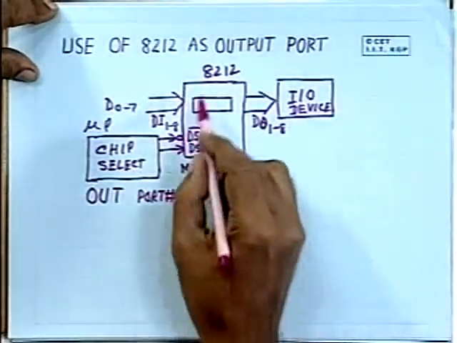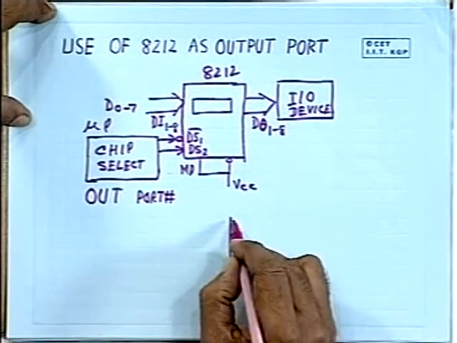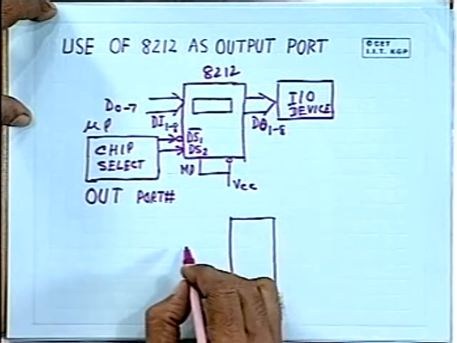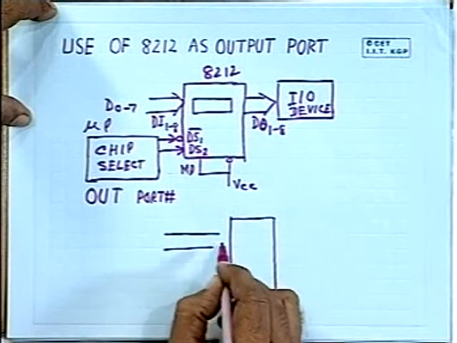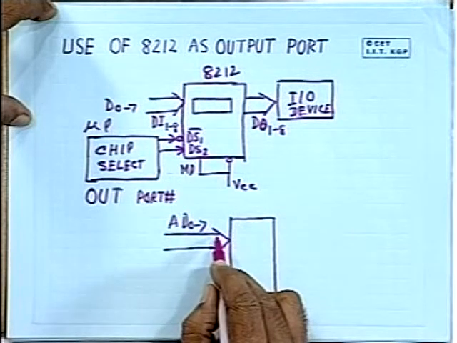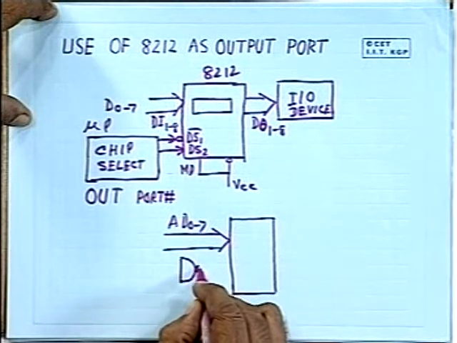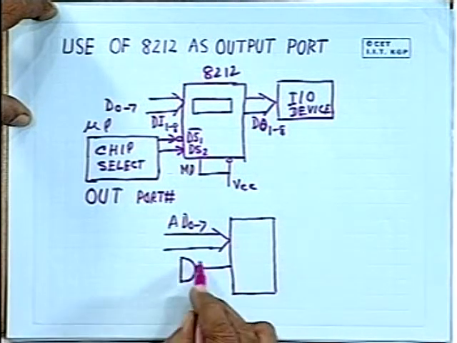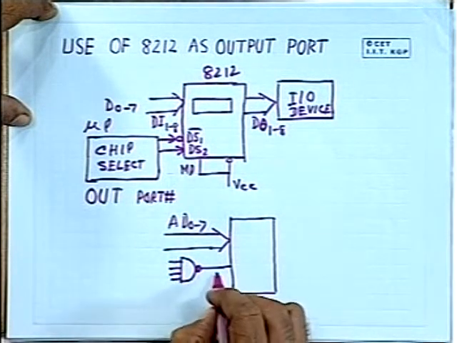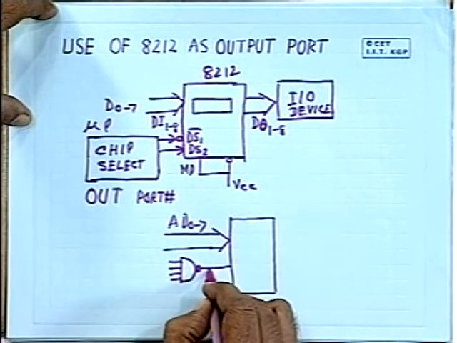One simple use of this 8212 as an output port is for address demultiplexing. We have already seen that the 8085 microprocessor generates address in a multiplexed manner. So, you can apply the AD0 to 7 lines to the input lines, and then you can use, say, a decoder circuit, which can be implemented with the help of some transistors, or with the help of a gate, or in this particular case it can be connected to ground.